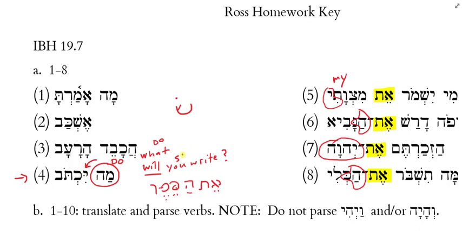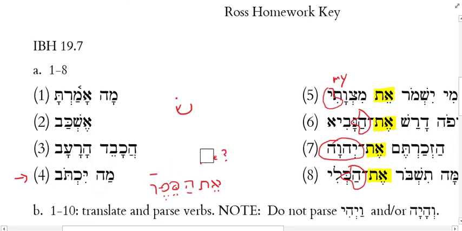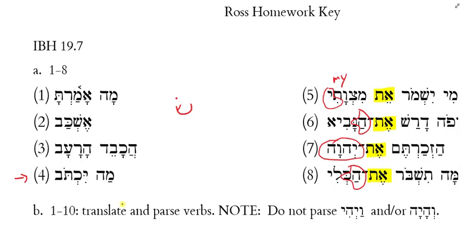Now, look at number 3 here. Again, since we have these new grammar concepts, I want to just take a moment to just think about it with you a little bit. I have ha-kaved, ha-ra'av. Ha-kaved, ha-ra'av. What is the ha right here that we're seeing? Okay, interrogative, hey.